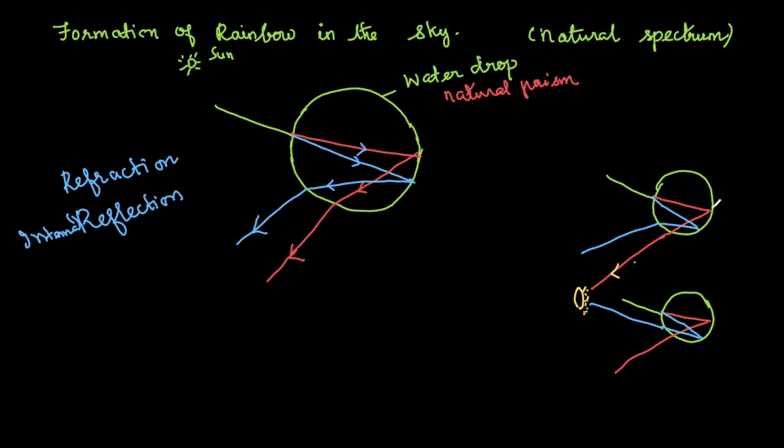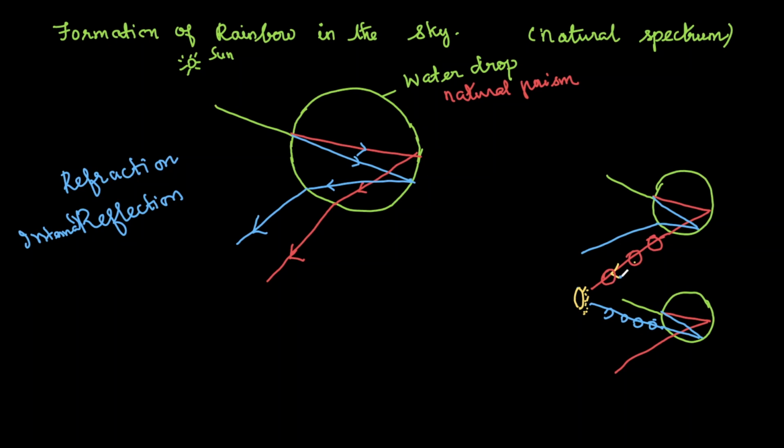So a single water drop is not enough to make a rainbow. There will be a number of raindrops refracting and reflecting the light rays. All those light rays reach our eyes as red light, and a number of raindrops here refract the blue light, which reaches our eyes.